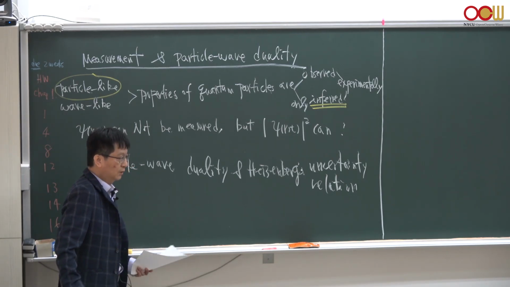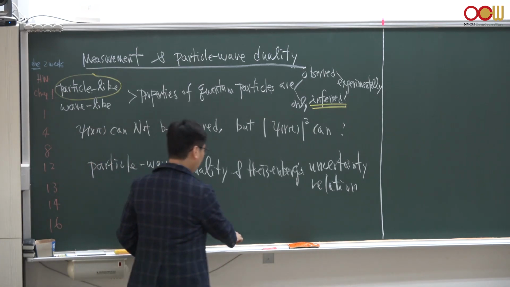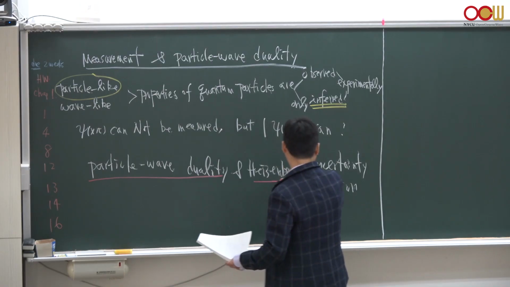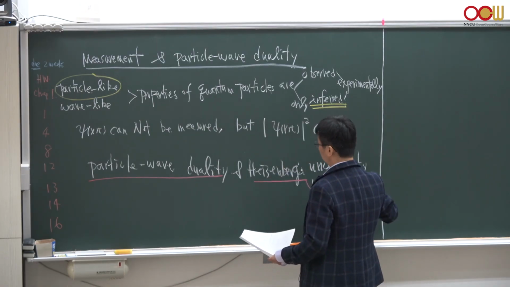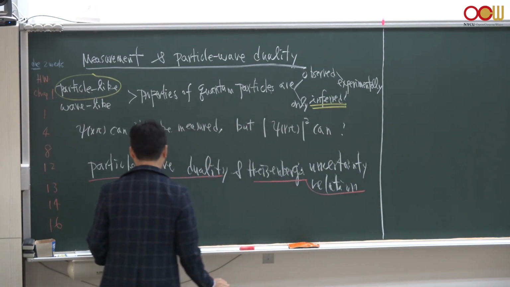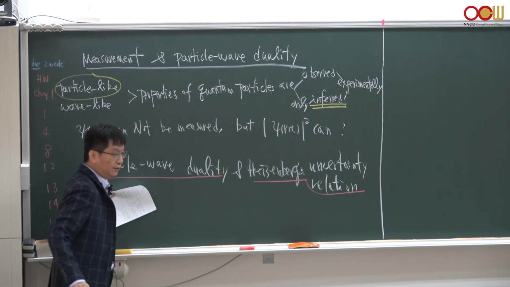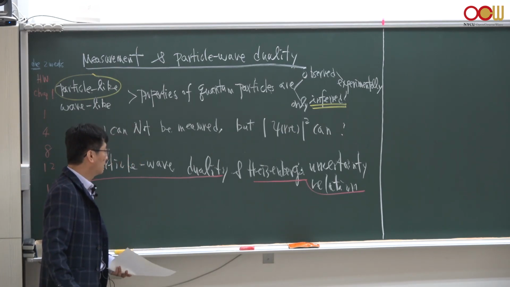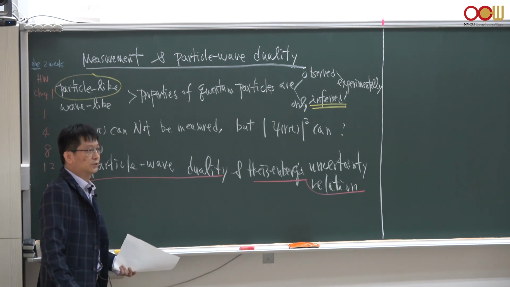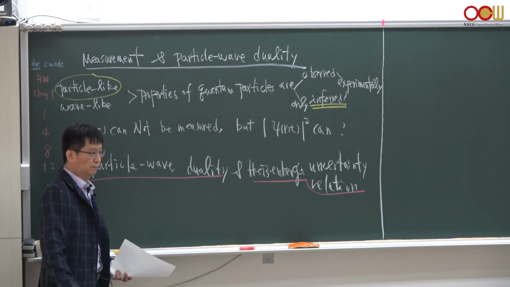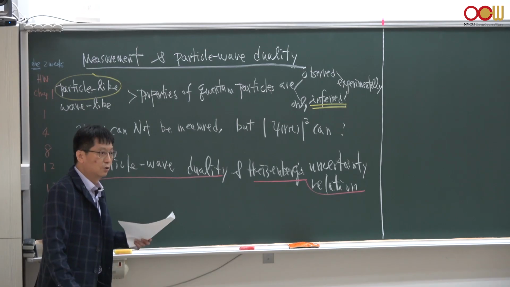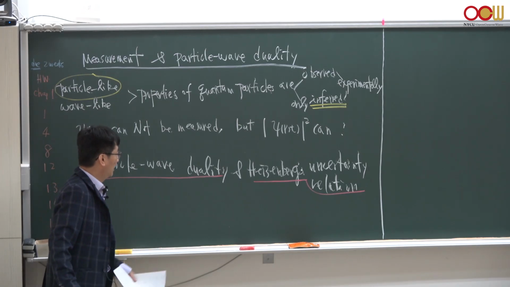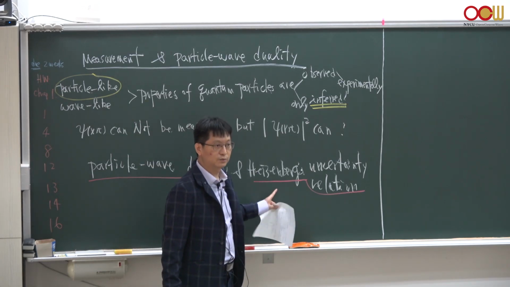Now we will strongly link these two concepts together. As I mentioned, you can only see one side of the face at a time, either the particle or wave nature can be probed from your experiments, and you cannot see both faces of the quantum matter at the same time. But if you really want to see the double faces at the same time, then you violate the Heisenberg uncertainty relation.